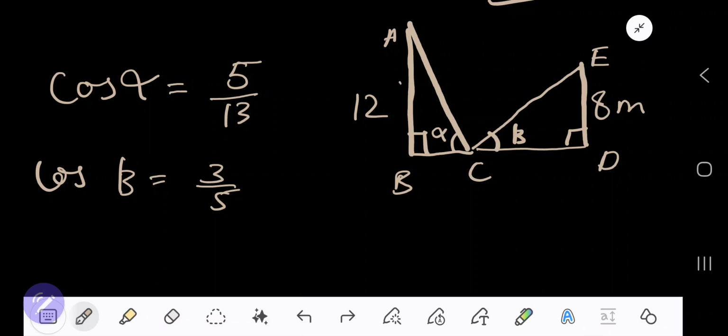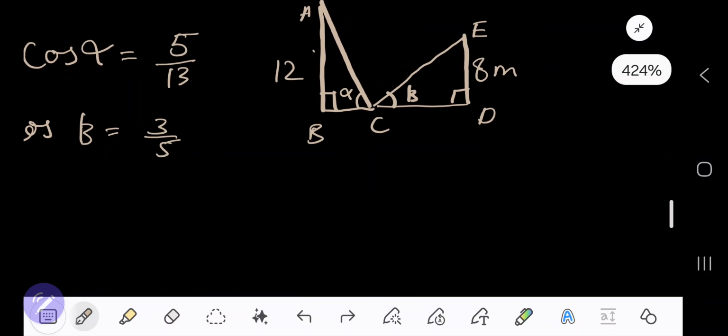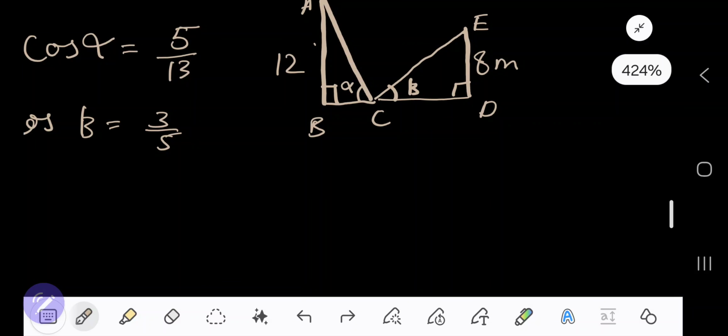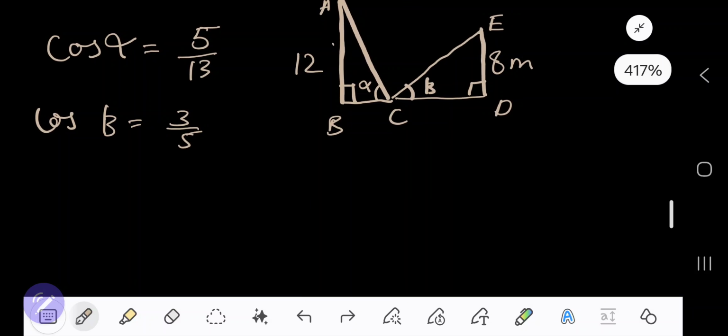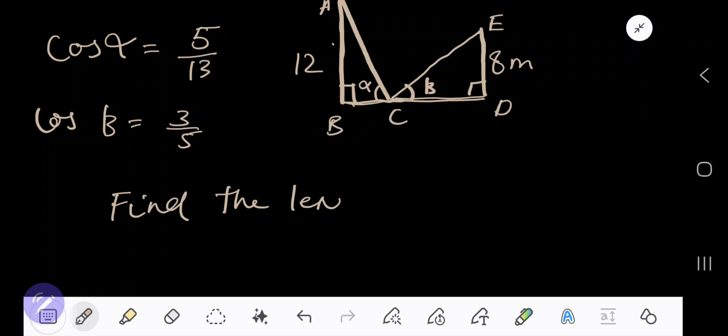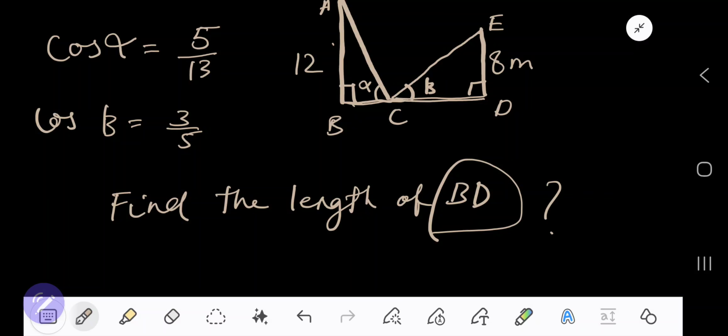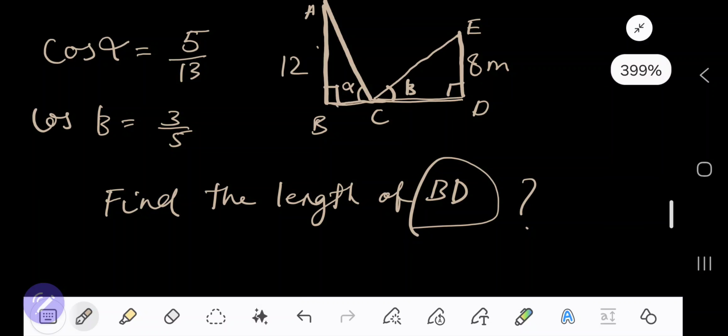So now what do we have to find? Find the length of BD. How are we going to do that? They've given us cos alpha as 5 over 13.